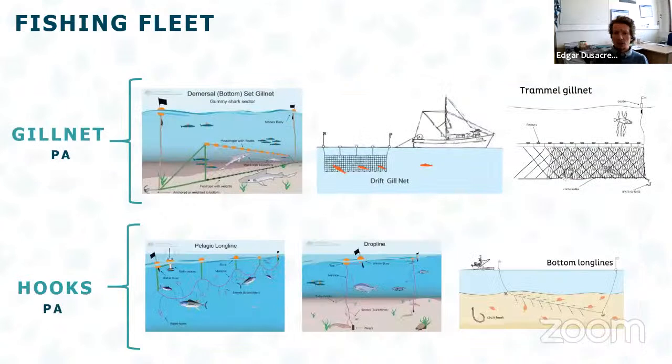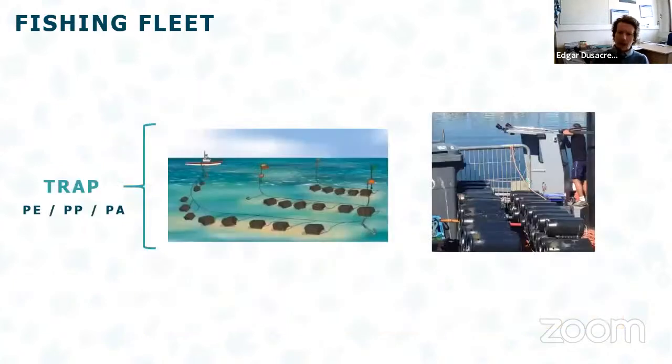After that we have the gill net technique. This is one of the most used techniques in the world. The material is made of polyamide. Hooks are another technique: this is lines and hooks, and this is also polyamide. And the last technique is traps.